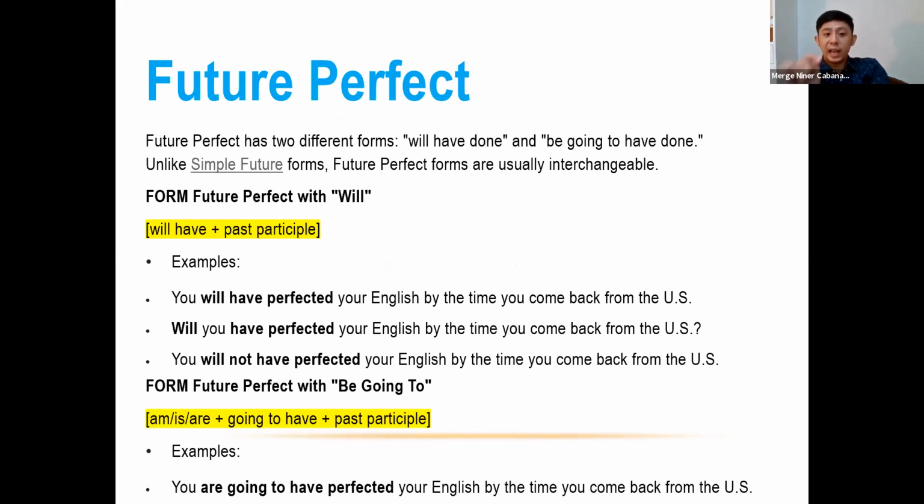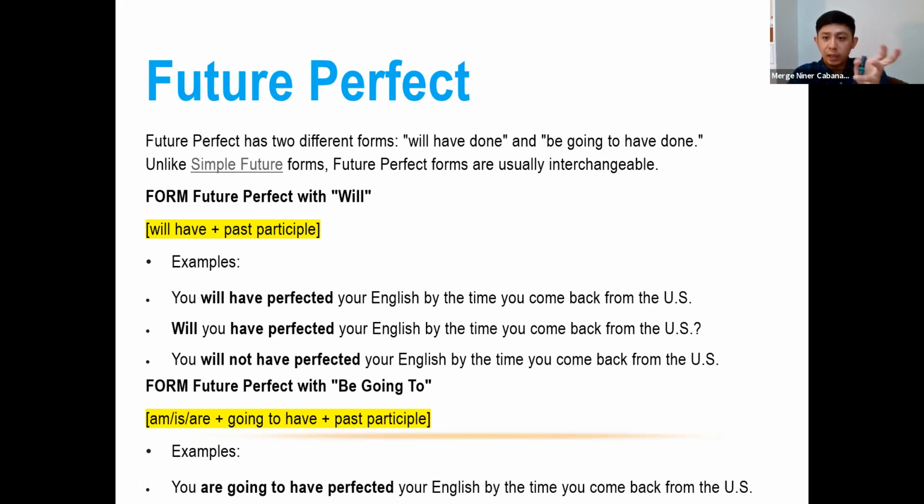Future perfect: will have, or am/is/are going to have plus past participle. Remember, both forms: will have eaten, will have seen, will have become, or is going to have eaten, are going to have traveled, am going to have cleaned.